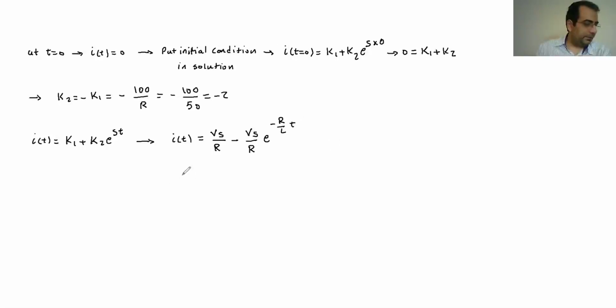And usually we write the equation again like that. If I write that equation, it's going to be Vs over r minus Vs over r e to the, if I put the t on top and bring this down and keep the negative sign, it's going to be L over r.